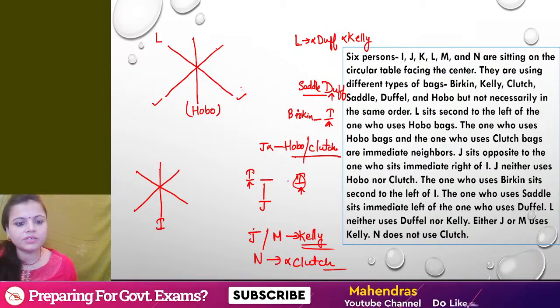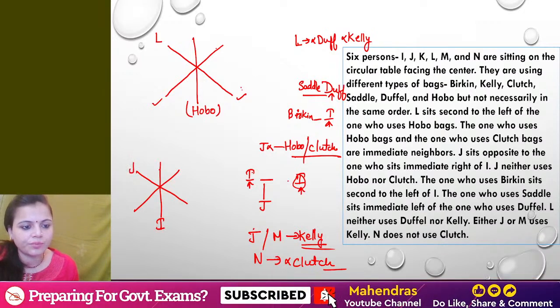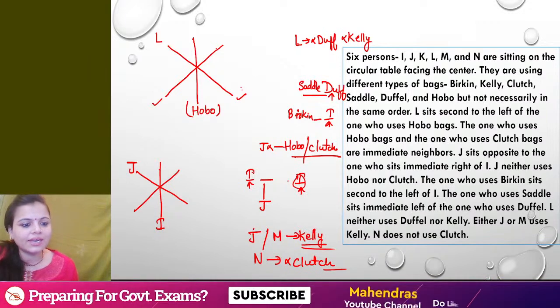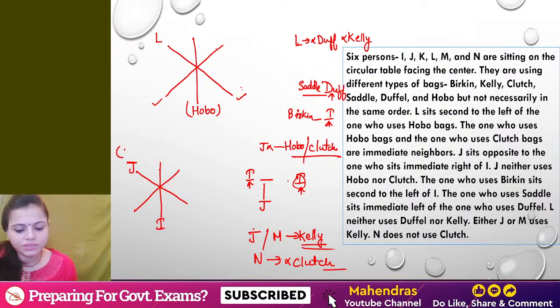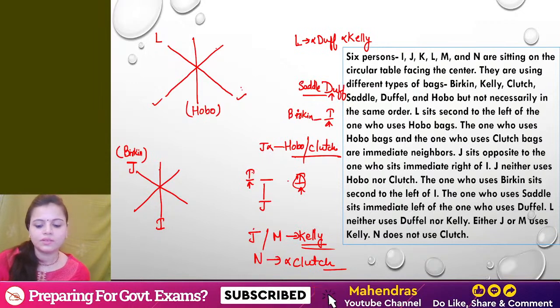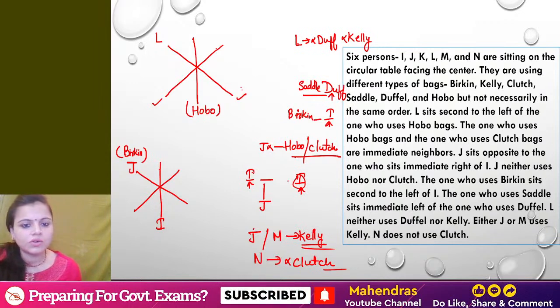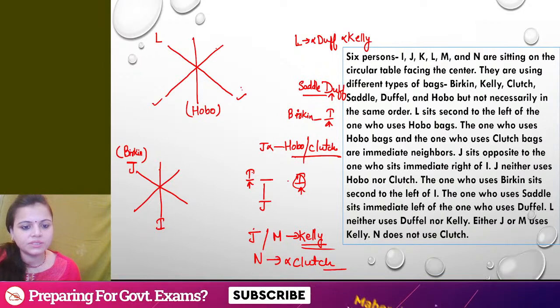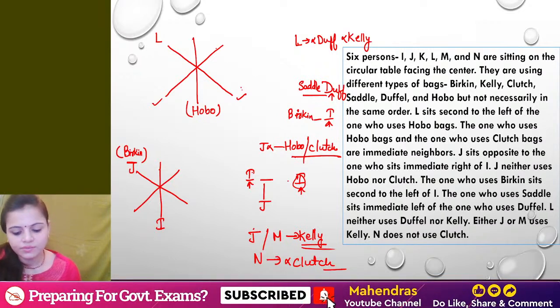The person who is immediate right of I, J is facing that person. And Birkin is second left of I. It means J is Birkin. Next, hobo and clutch are immediate neighbors.